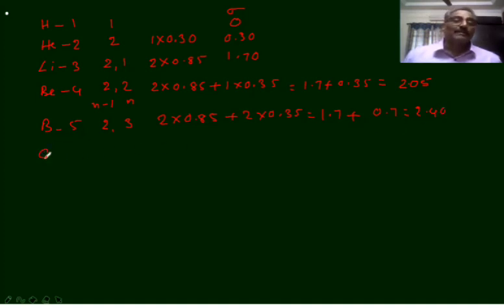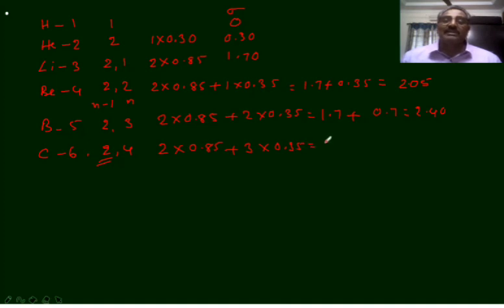Next, for carbon, atomic number 6, electronic configuration is 2, 4, 1s2, 2s2, 2p2. The first 2 electrons cause 0.85 each, and the next 3 electrons in the outer shell cause 0.35 each.